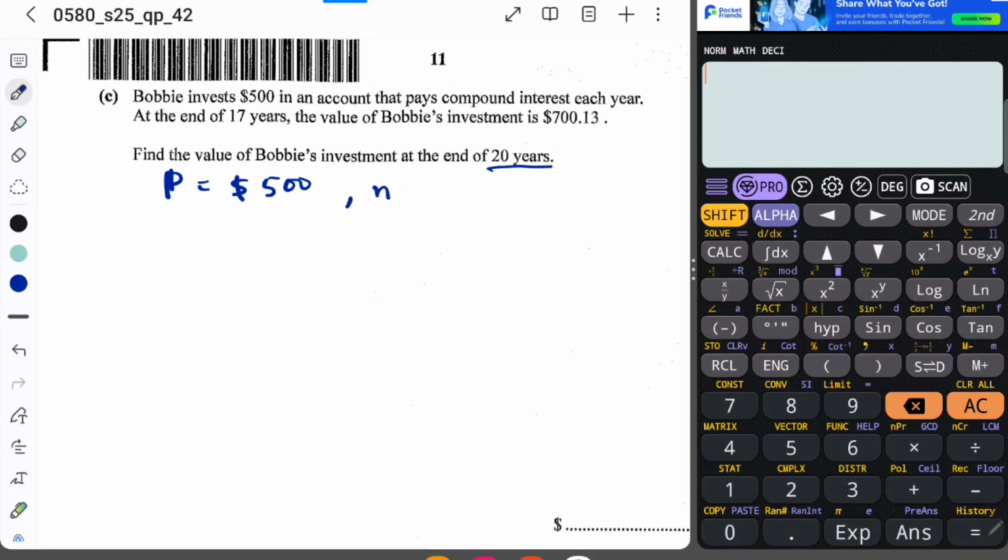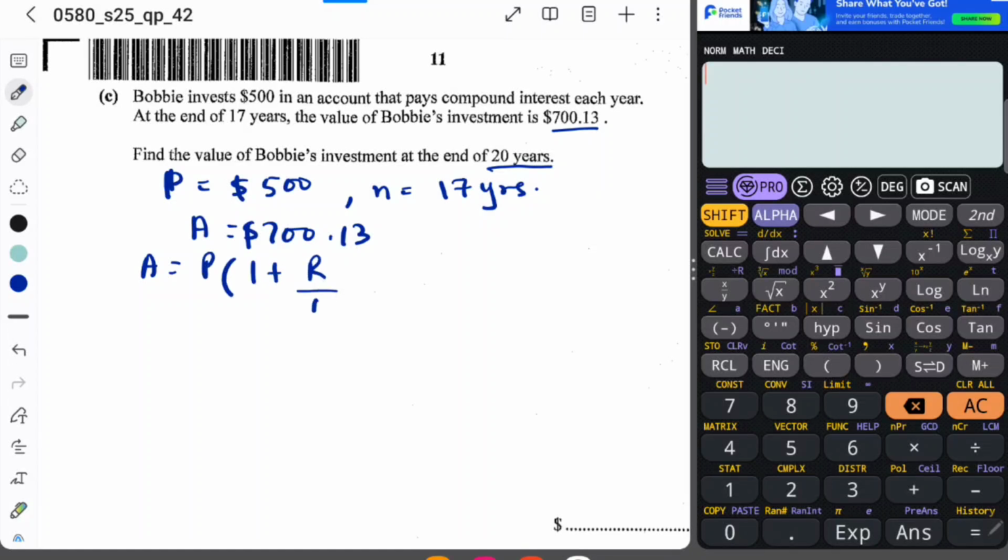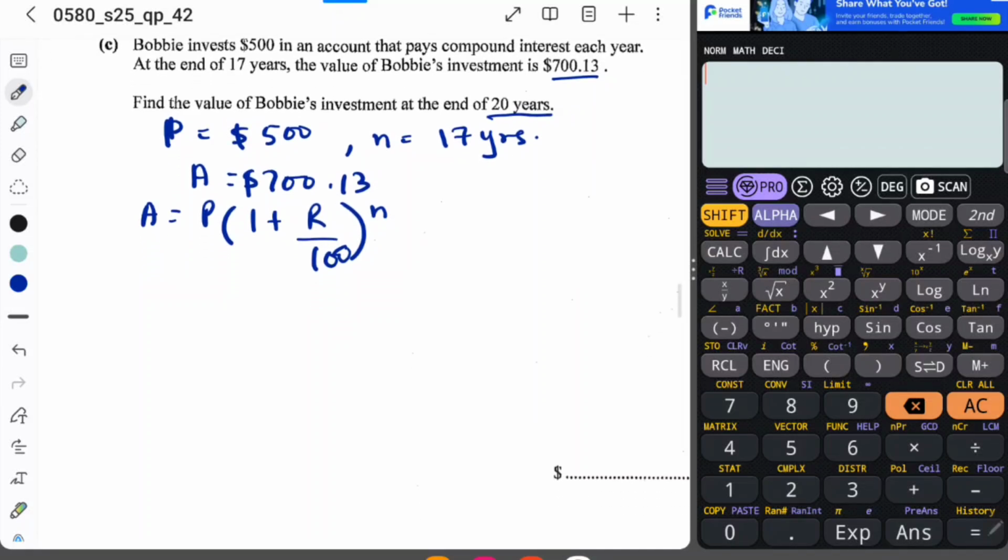First we'll take n as 17 years, and the amount in 17 years is $700.13. So amount equals P times (1 plus R over 100) to the power n, and n is 17. So 700.13 equals 500 times (1 plus R upon 100) to the power 17.